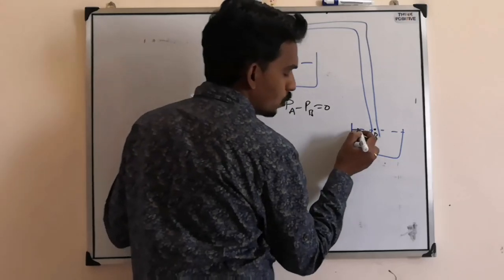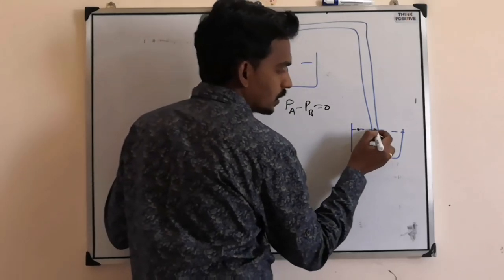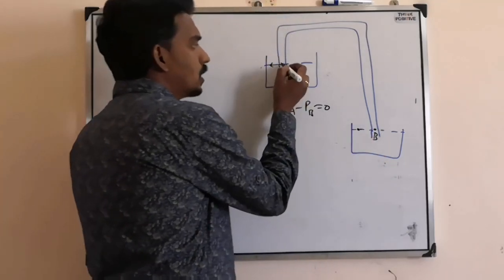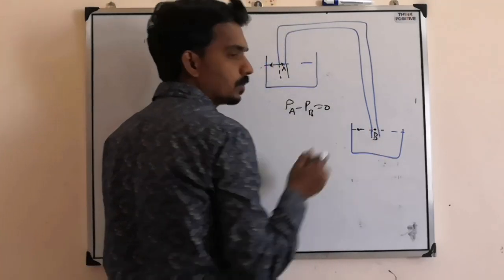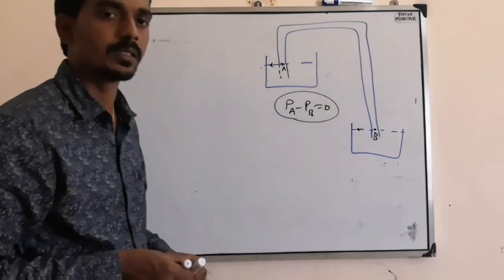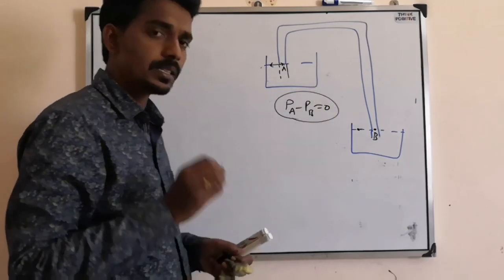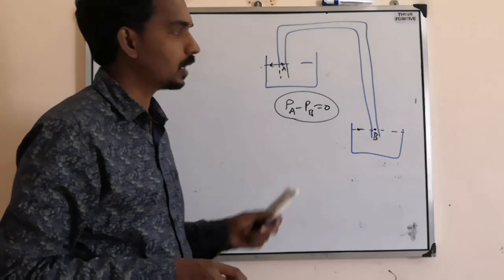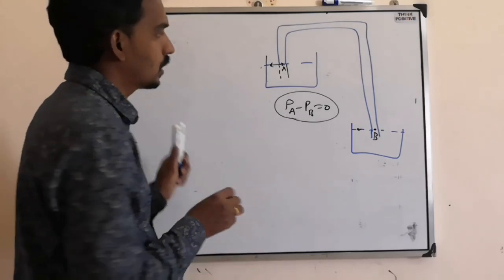Same here also. It is open, so here pressure is atmospheric, that should be same here. So here also atmospheric pressure, here also atmospheric pressure. So the difference in pressure will become what? 0.